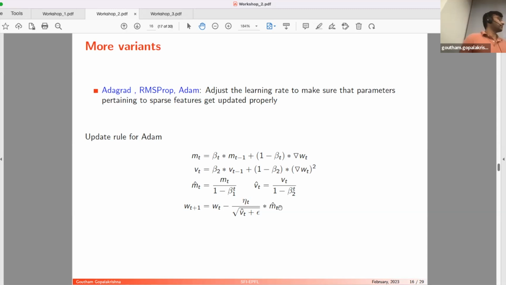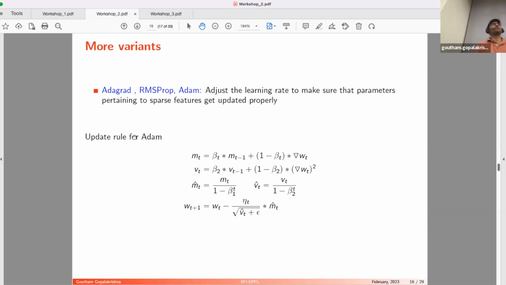This is why it's a momentum optimizer. But not only that, the sparse features need to have a higher learning rate, because this learning rate basically accelerates the update. And that's what this V does. This V captures the second moment. The expectation of V is the expectation of this squared, which means that it's the second moment, and you basically adjust the learning rate based on the second moment.